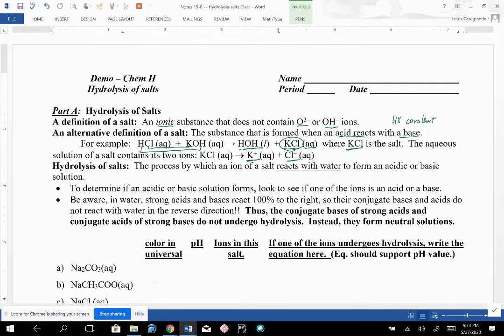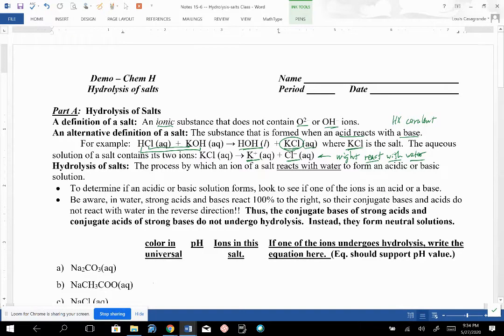Now, here's the thing. These guys in solution might, and this is where the big trick is going to be, coming to understand when, might react with water. And that reacting with water, that's the hydrolysis that we're talking about.